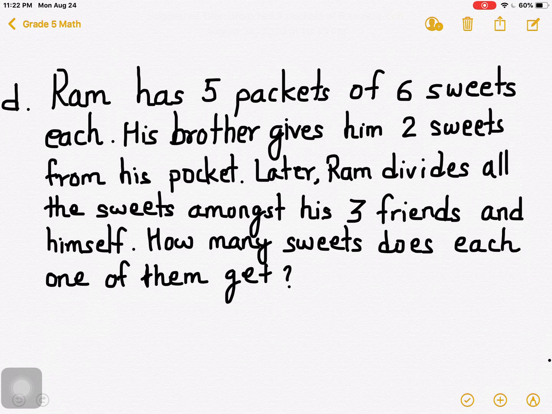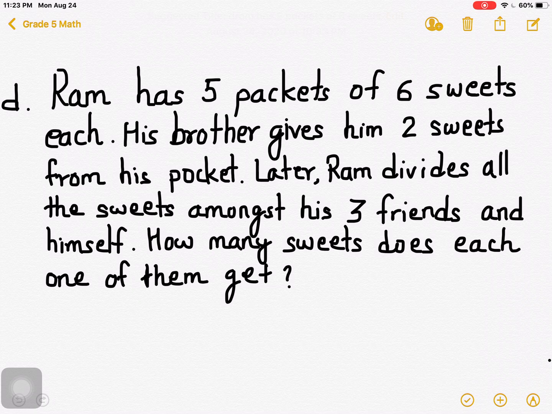His brother gives him 2 sweets from his pocket. Later, Ram divides all the sweets amongst his 3 friends and himself. How many sweets does each one of them get?